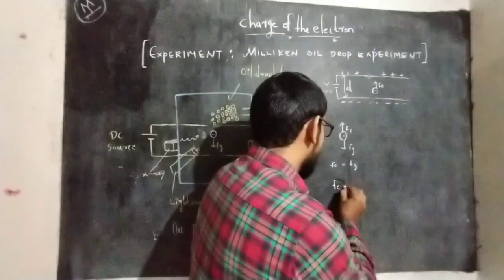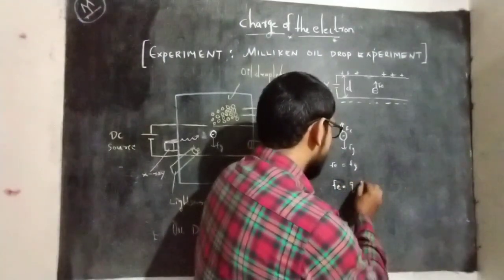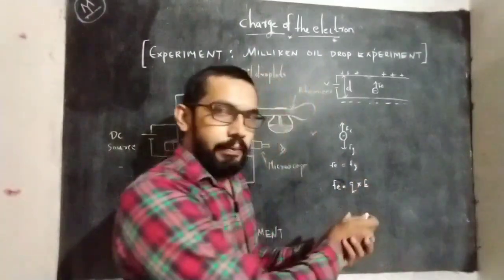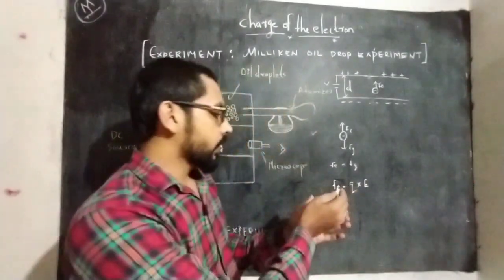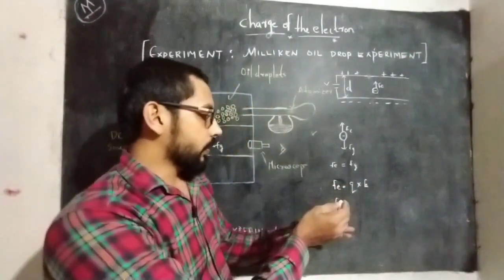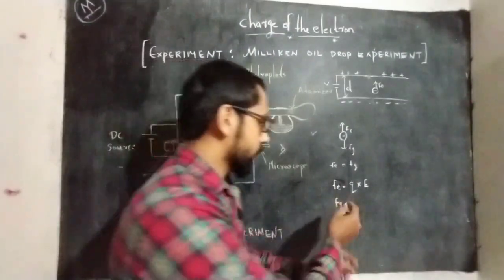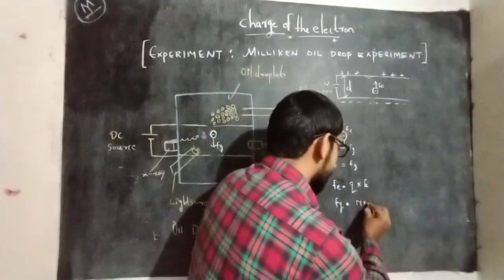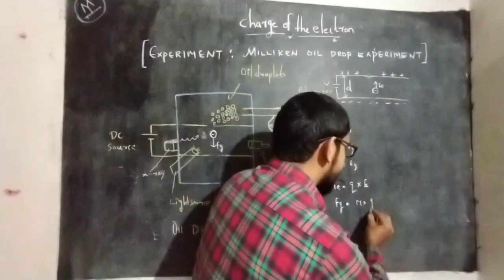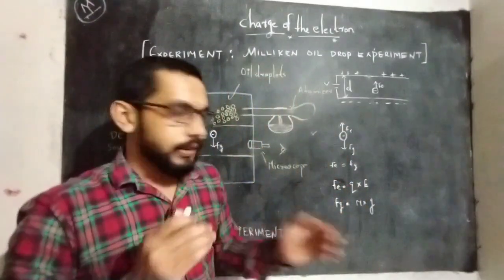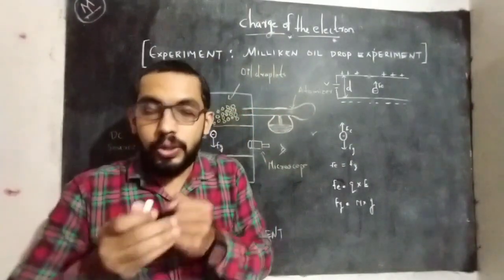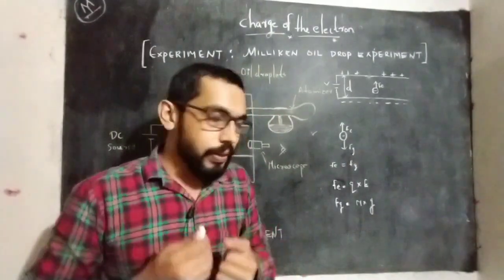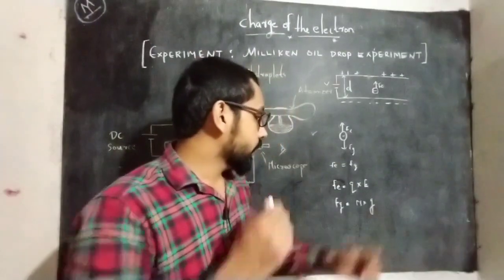Fe is equal to charge into electric field, Q times E. Fg is the gravity force, which is mass into acceleration due to gravity, mg. The mass can be determined from the viscosity and the volume of the droplets.